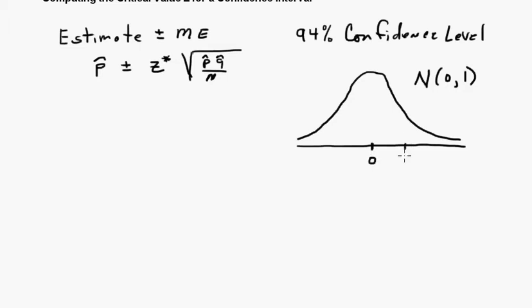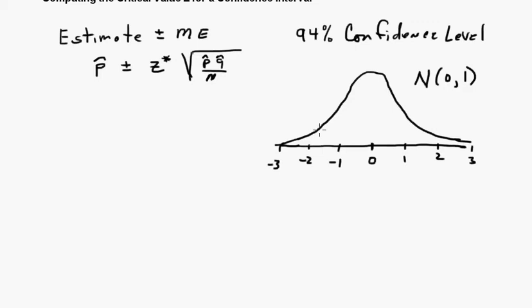So we have 1, 2, and 3 out here, and minus 1, minus 2, and minus 3. Okay? So, this is about 68%.